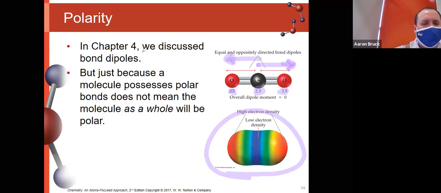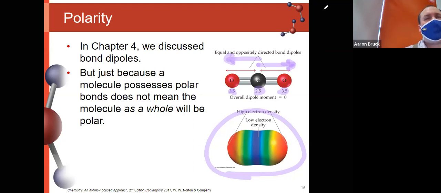And the reason I can't is because the two bond dipoles that have been created are in completely equal and opposite directions of each other. All of the electron pull in this direction is being matched by all the pull in this direction. They're equal and opposite of each other.